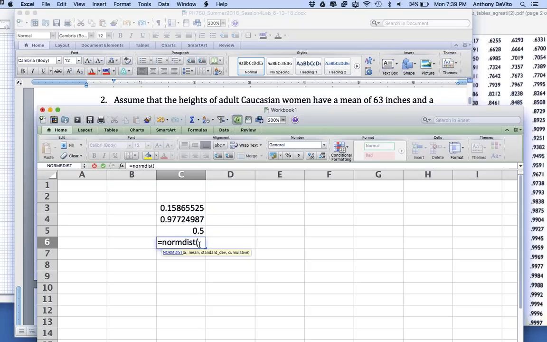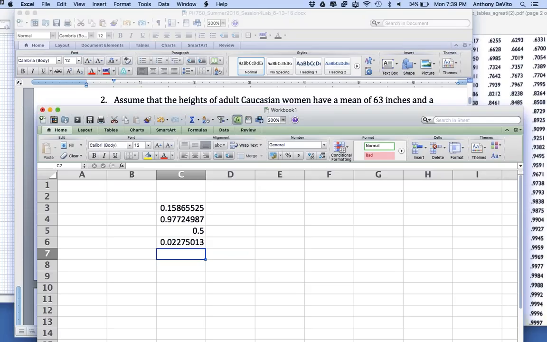It wanted the x value, which was 60 inches, comma, the mean, which was 66 inches, comma, the standard deviation, which was 3 inches, comma, whether or not it's cumulative or not. Trust me, it's going to be true all the time for this function. Okay, I'm going to hit enter, and it gives me an area of 2.3% or 0.0227.